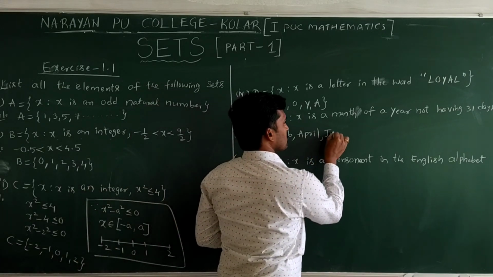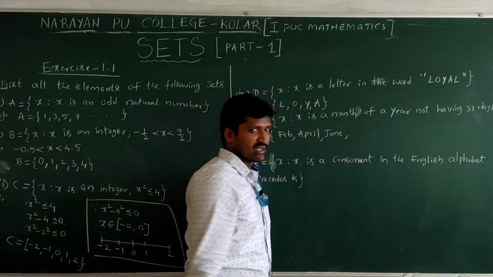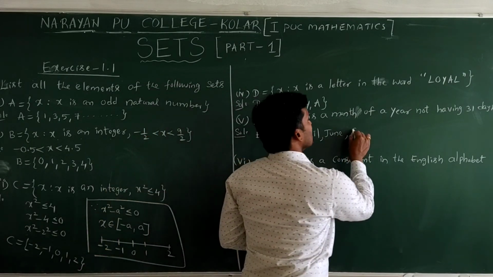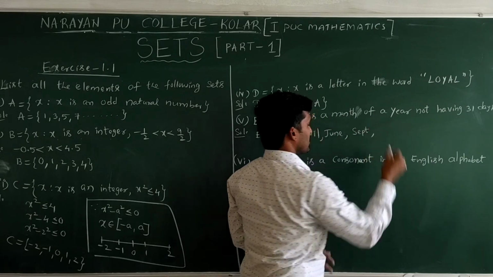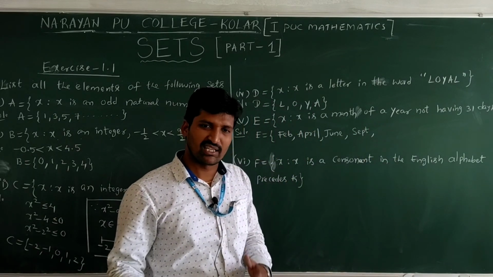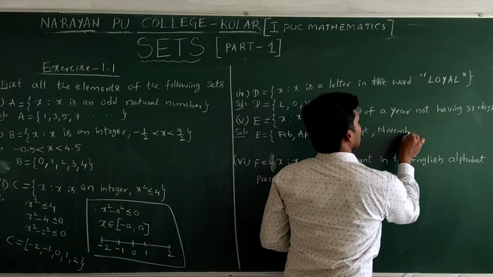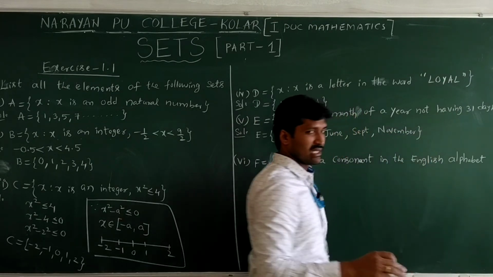Next June, July having 31 days. August also having 31 days. Next which one? September. October also having 31 days. Next November. December also 31 days. Not.